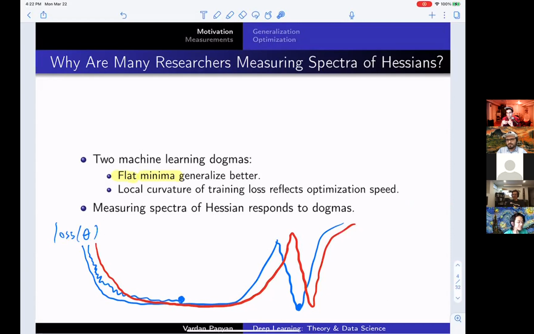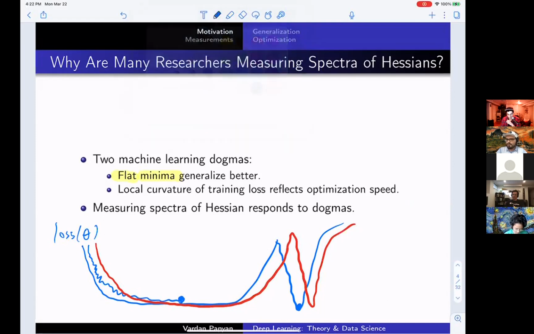The second dogma that people believe is that the curvature of the loss, another word for Hessian, is reflecting the optimization speed of SGD. What does that mean? It means the following intuitive idea.